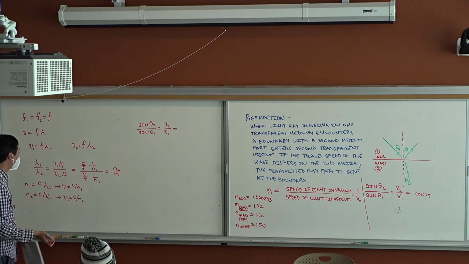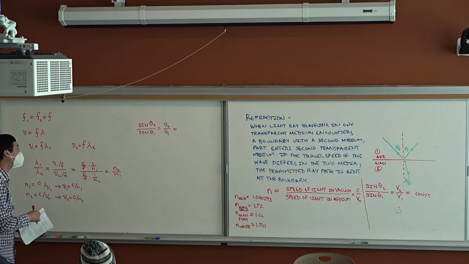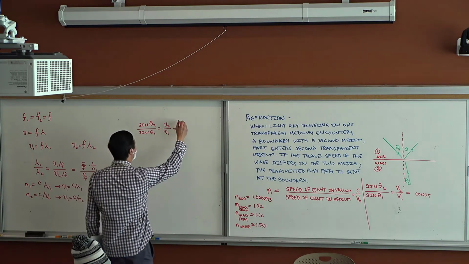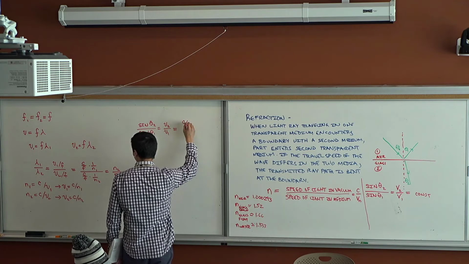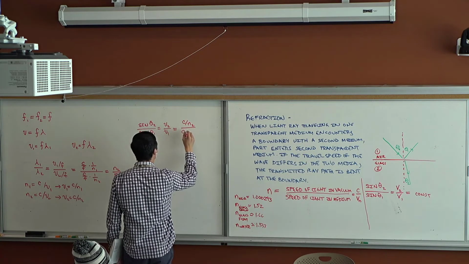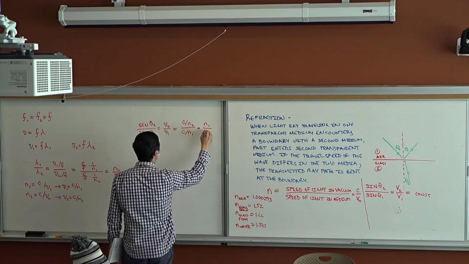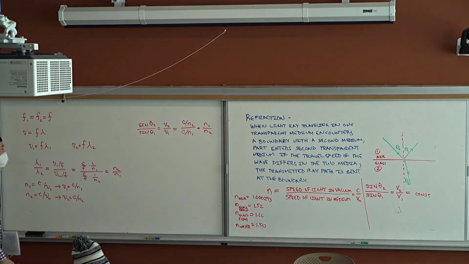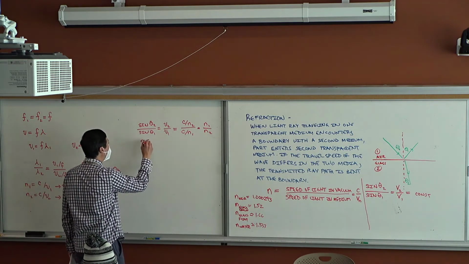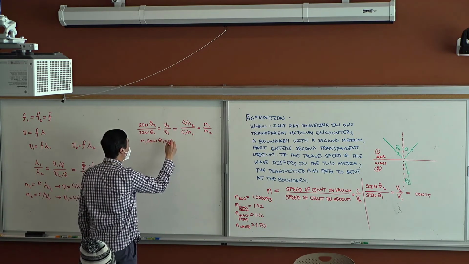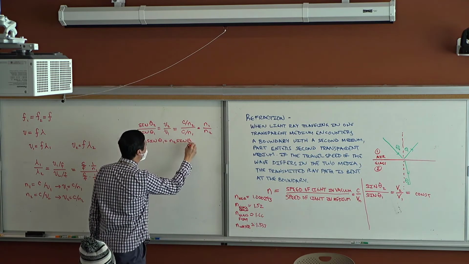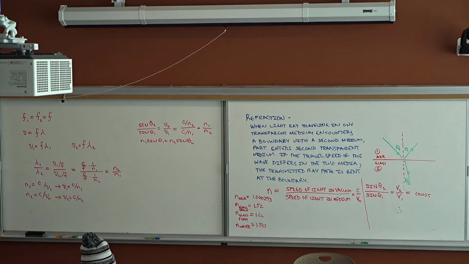I didn't need to go through all that work, did I? v2 over v1 I could have just written as c over n2 over c over n1, which is n1 over n2. Okay? And so in that case, n1 sine theta 1 is n2 sine theta 2. Not untrue, just not necessary to get where I was trying to go here.